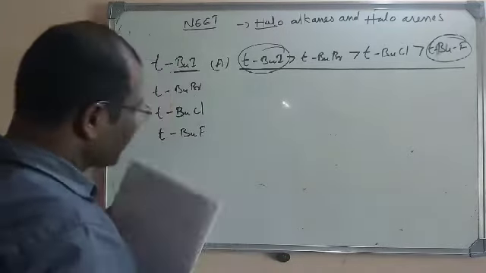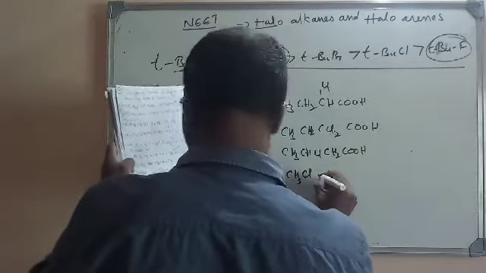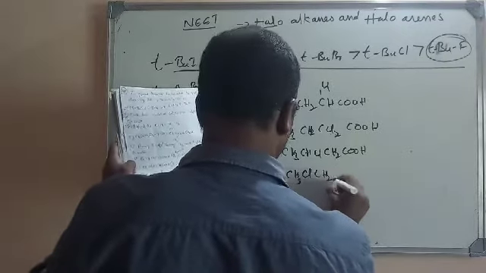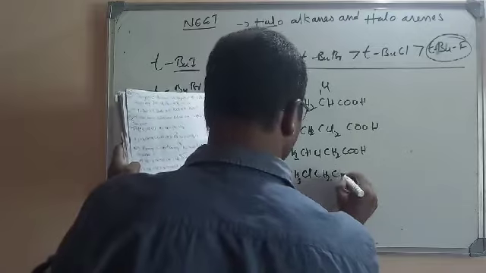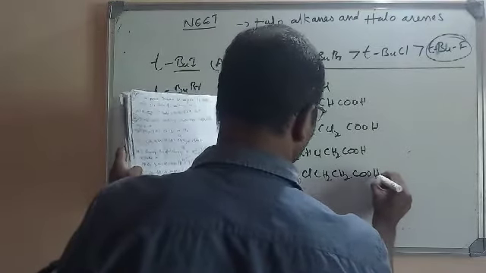The next option is CH3CHClCH2COOH. And the next one is CH3CH2CH2COOH with Cl.